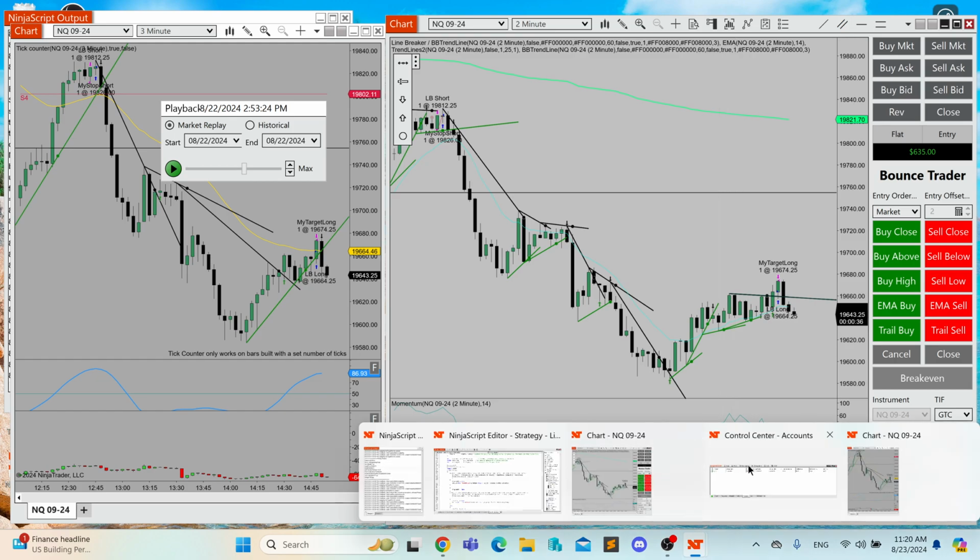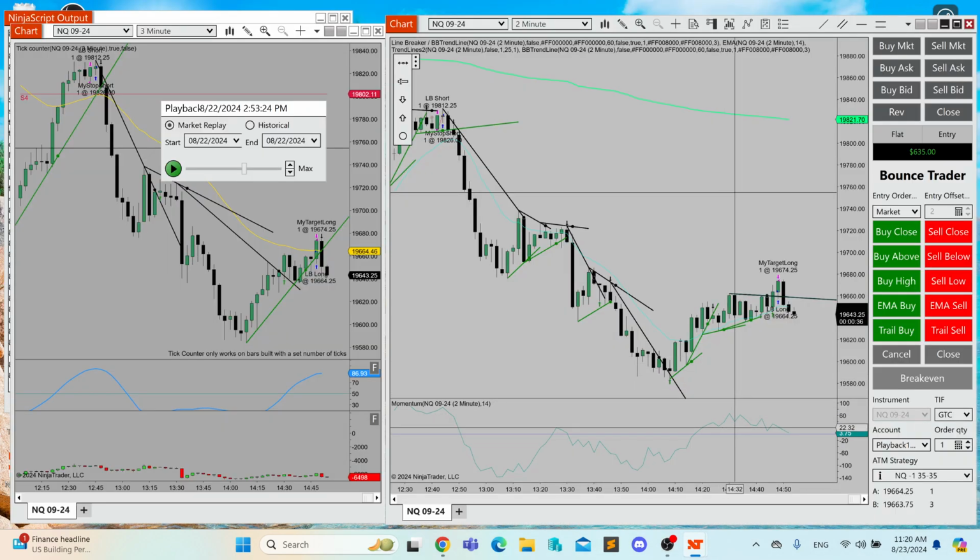If it says 20, it means don't take trades if it's between minus 20 and plus 20. So you only take trades above plus 20 or below minus 20. We're avoiding this chop within this 20 level zone.